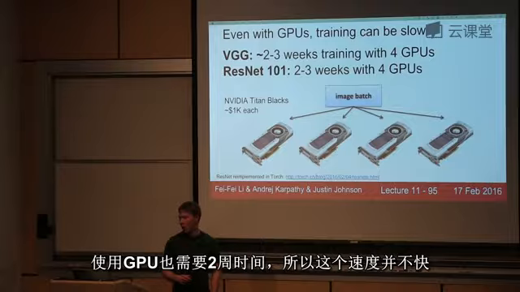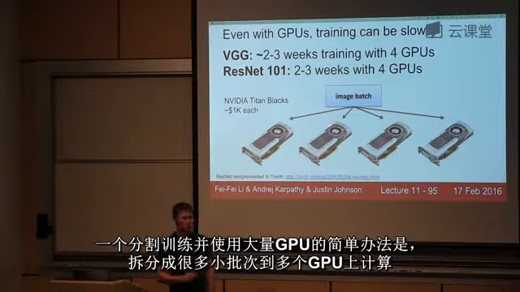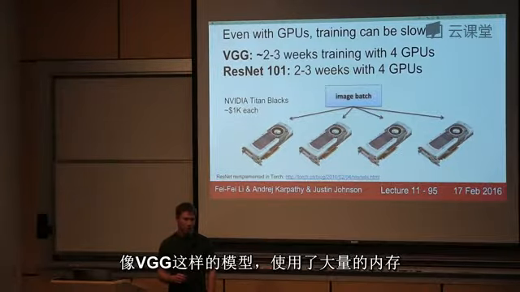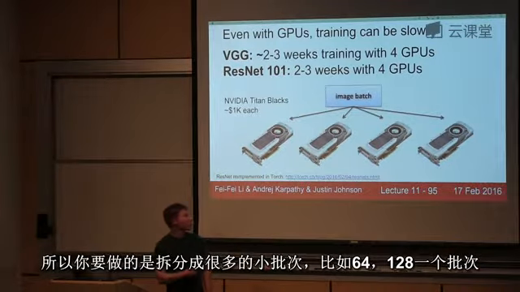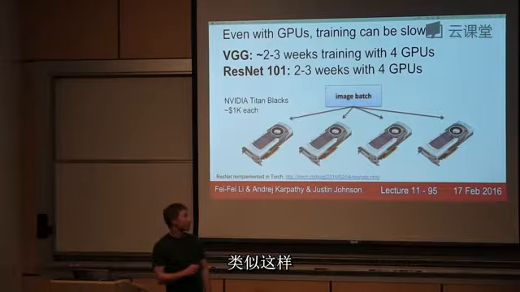And the easy way that people split up training across multiple GPUs is just to split your mini batch across the GPUs. Especially for something like VGG, it takes a lot of memory, so you can't compute with very large mini batch sizes on a single GPU. So what you'll do is you'll have a mini batch of images, maybe 128 or something like that.